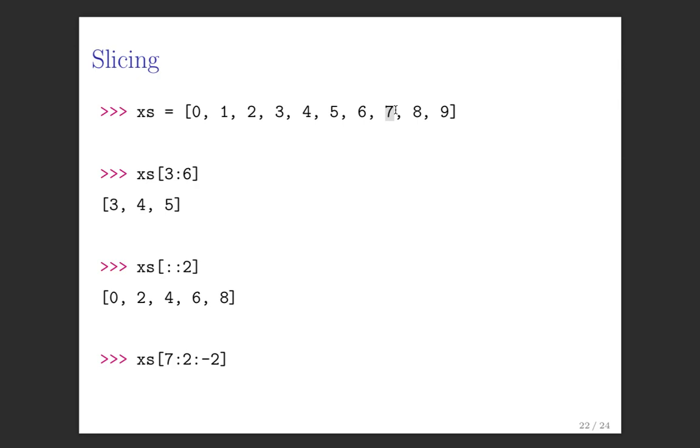Okay, so the first number in it is going to be 7. I have to skip by 2's, 5, 3, and then I'm already beyond the boundary. So 7, 5, 3. It looks confusing, but if you just read out what it's saying, slice from 7 to 2 while stepping backwards by 2, that should help you with this.